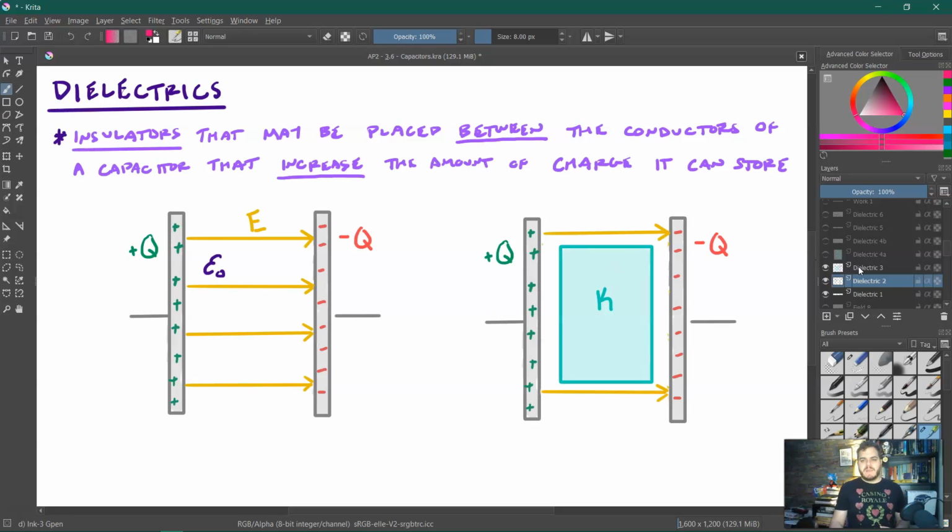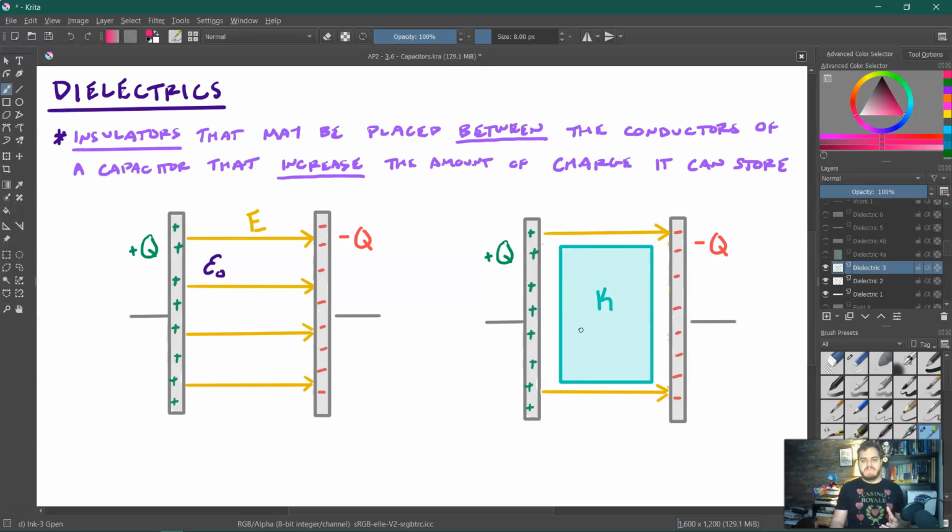But let's say that instead we stick some insulator in here. Who knows what it could be? Rubber, some piece of plastic, paper, whatever, that has some dielectric constant, kappa. Remember, insulators can't have charges moving throughout them, but I've got positives on this side and negatives on that side.